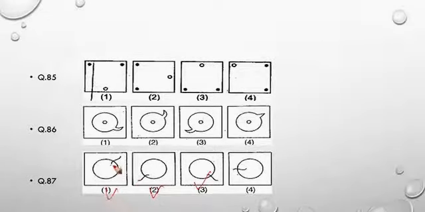Very little portion of the arc is inside the circle and the larger portion is on the outside in each of the problem figures 1, 2 and 3, whereas in case of option 4 the major portion of the arc is inside the circle and very little portion is kept outside the circle. So question number 87, the answer is 4.